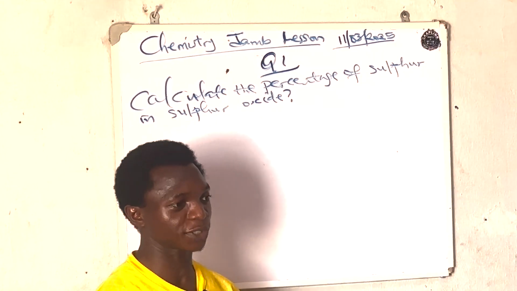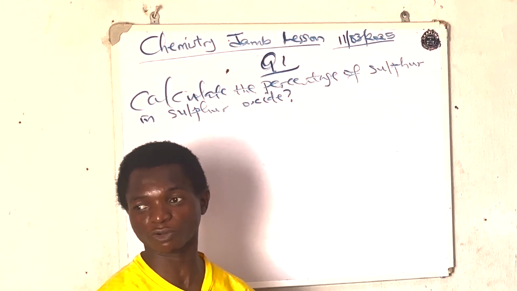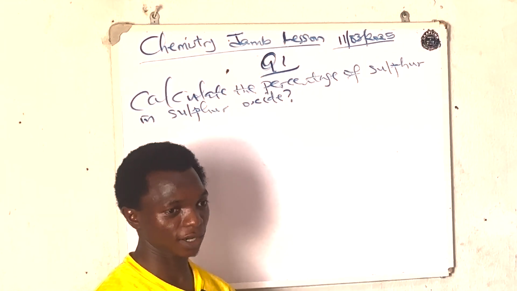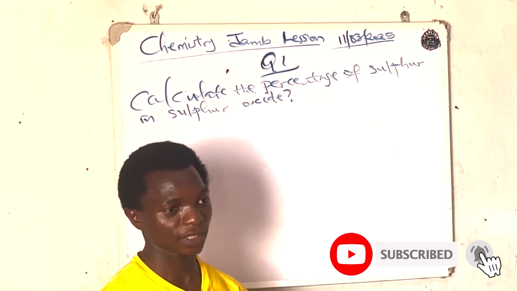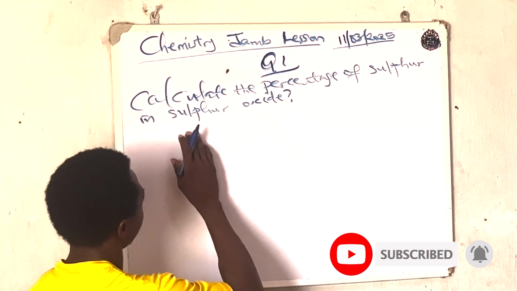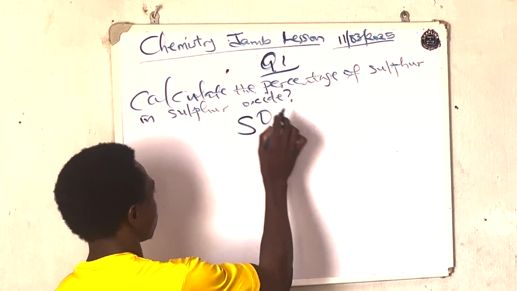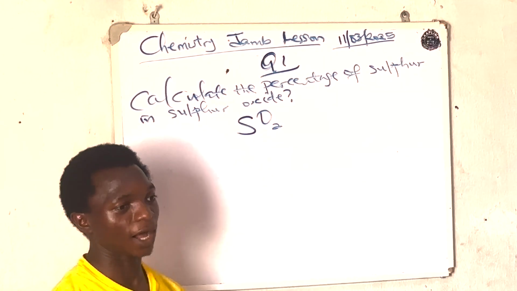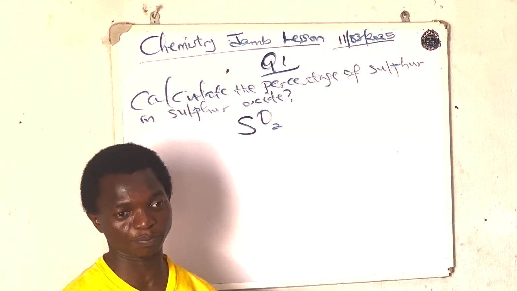Remember in our secondary school classes, we learned about calculations involving molar masses as well as relative molecular masses of elements. Now, if we are given a compound, sulfur oxide, and we are asked to find the percentage of sulfur in the compound.